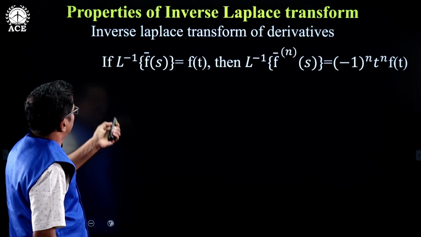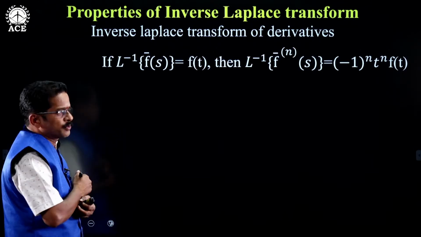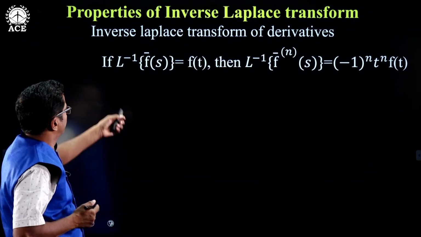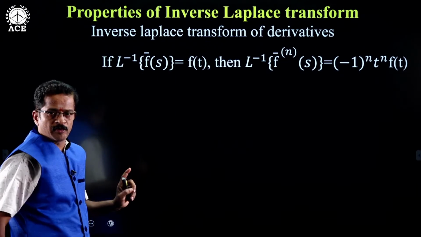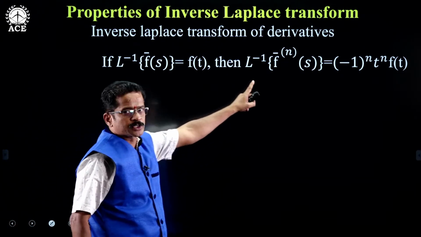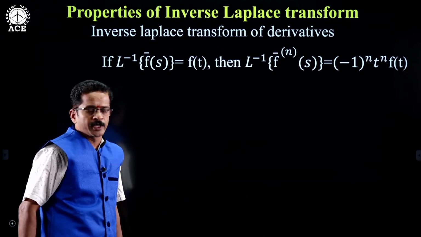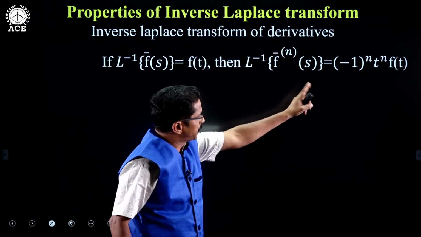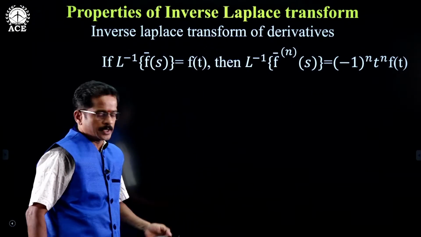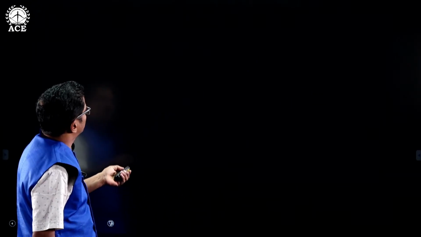Next property, Laplace transform of derivatives. If L inverse of f bar of s is equal to f of t, then L inverse of nth derivative of f bar of s equals minus 1 whole power n into t power n into f of t. Under this we see the problems.